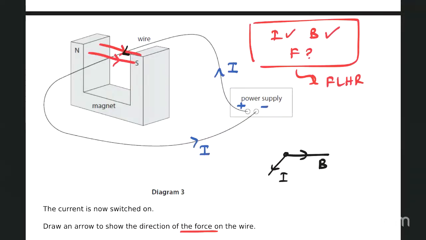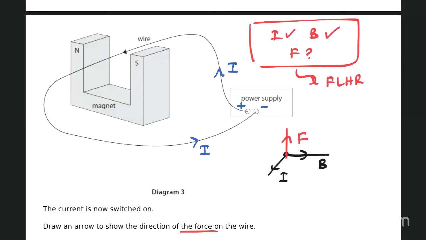Now use your left hand and place your fingers. FBI: the middle finger gives the current direction, the index finger the magnetic field direction. So eventually you will get the force here. They are asking us to draw an arrow to show the direction of the force on the wire, so I'm going to erase these parts.